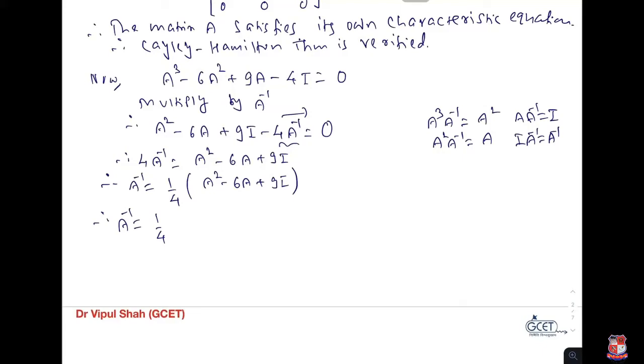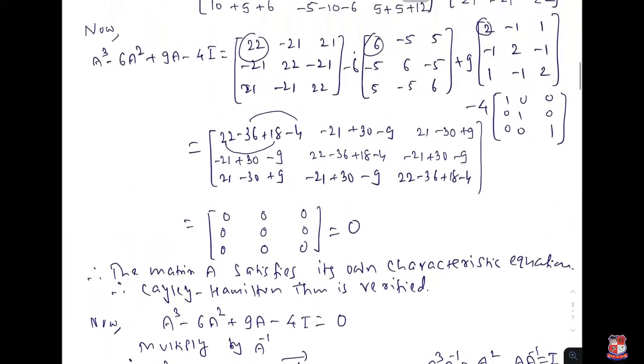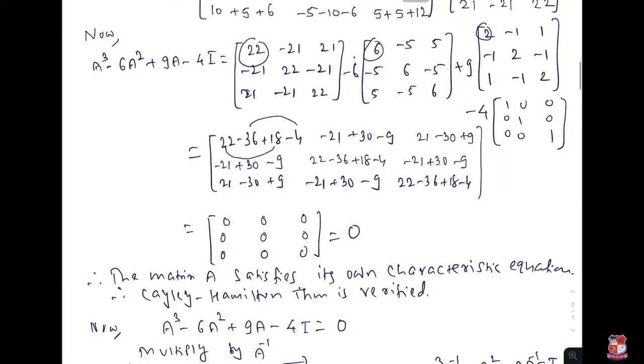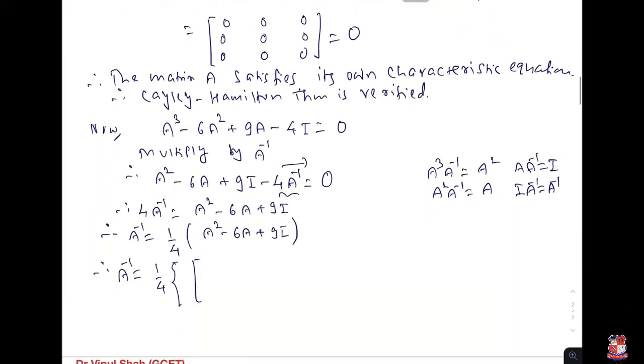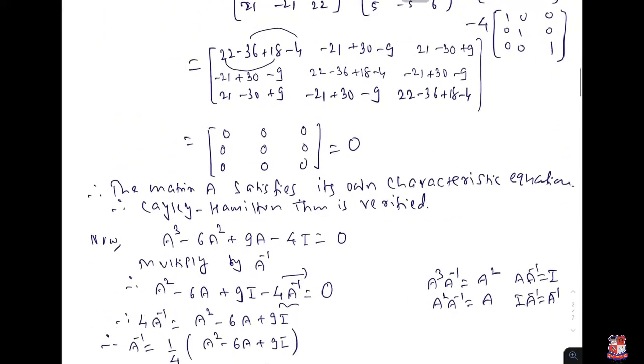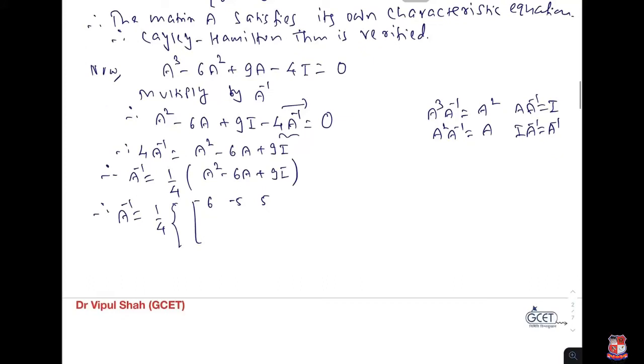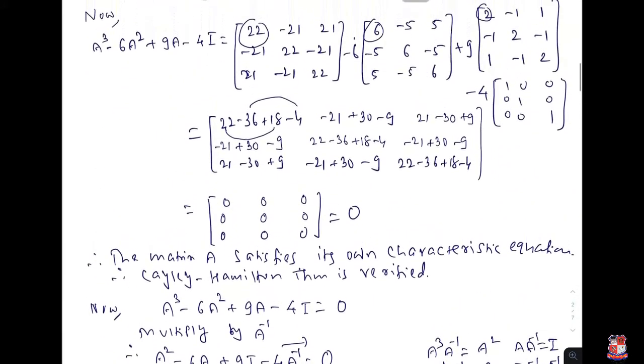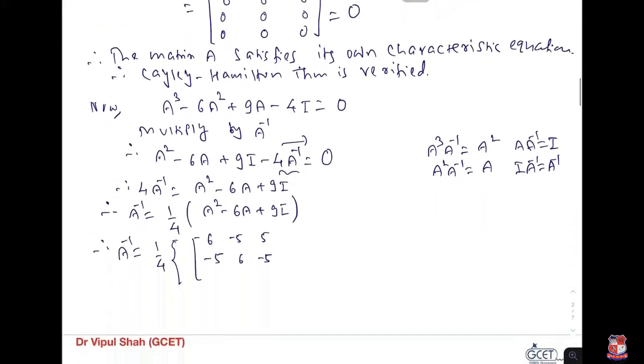So we have A square, and A square is 6 minus 5 5, minus 5 6 minus 5, 5 minus 5 6.